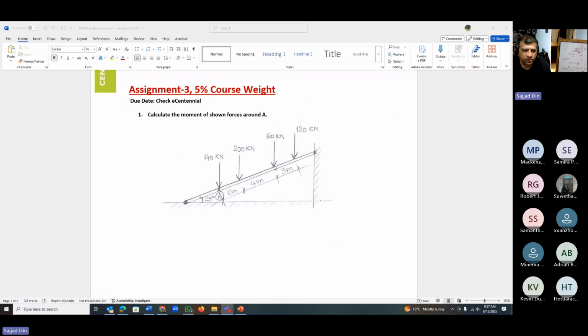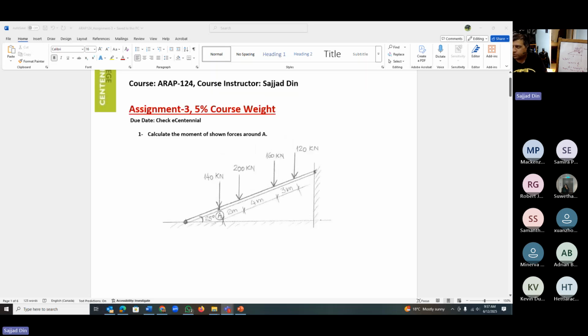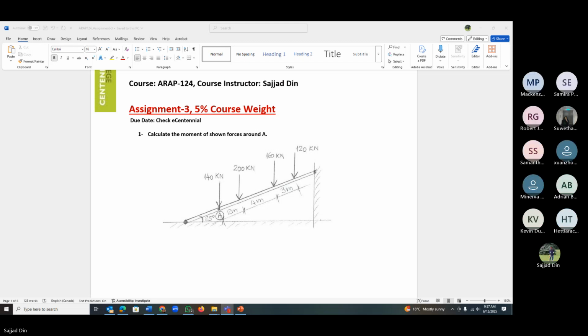So why don't you guys solve for 160? I've shown you how it becomes 0 for 140, and you're well on your way to calculating it due to 200. So why don't you guys solve it?